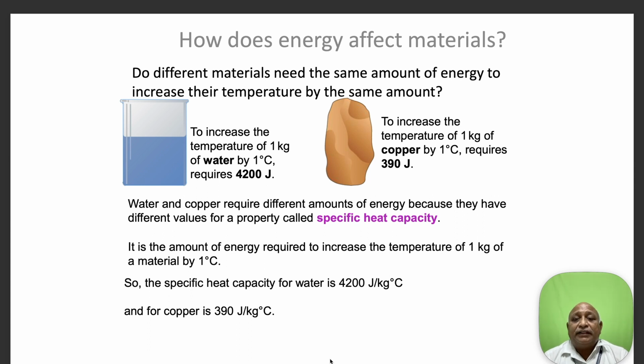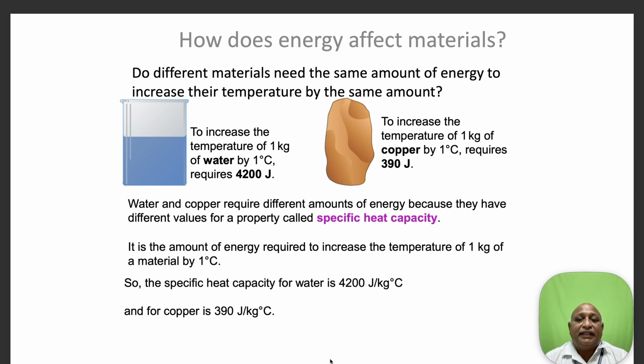To increase the temperature of 1 kg of water by 1 degree Celsius, the water requires 4200 joules, whereas to increase the temperature of 1 kg of copper by 1 degree Celsius, it requires 390 joules. Based on the type of material, the energy required to raise the temperature of water and copper is different.